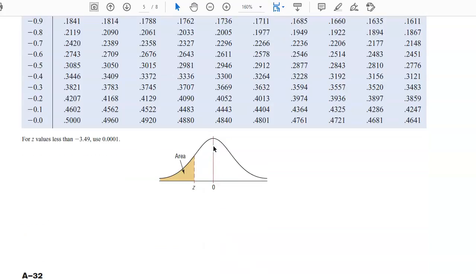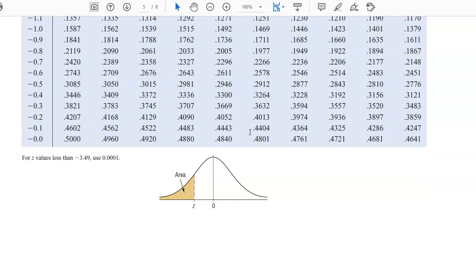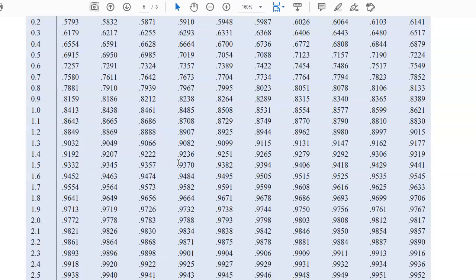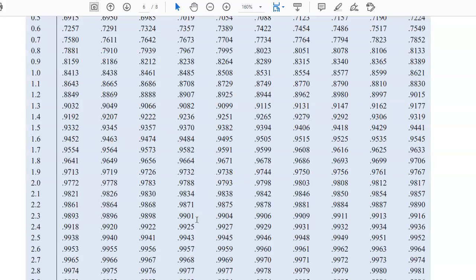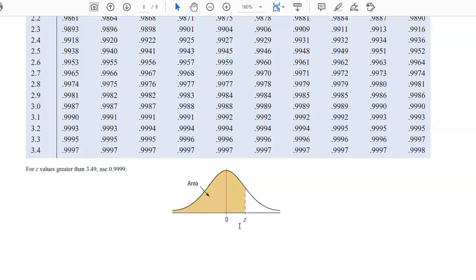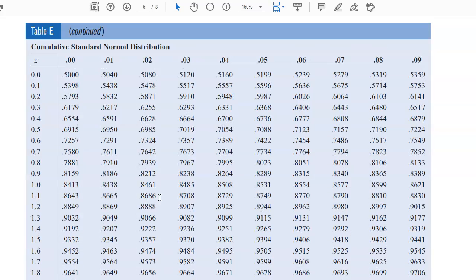And notice something about this table, right? It always gives us the area to the left of that z-value. It always gives us the area less than our particular z-value, right? So these are the negative z-values here on the left, and these are the positive z-values. Either way, this table, when we find a value in here, that's the area to the left of my z. So let's say my z-value was 1.25, right? 1.25.